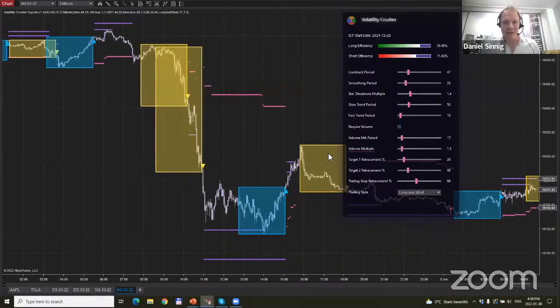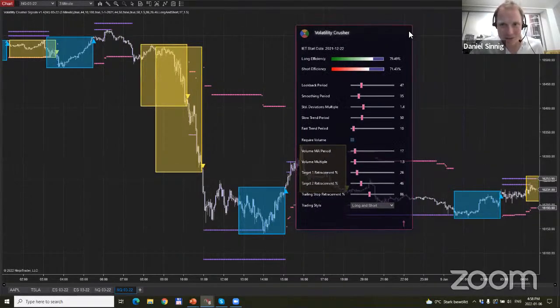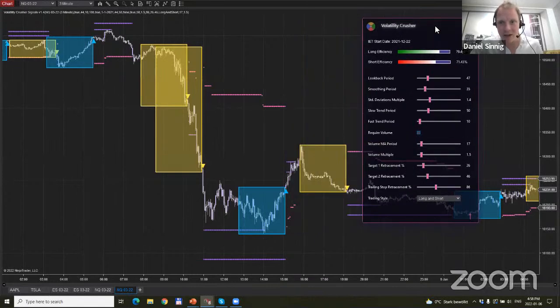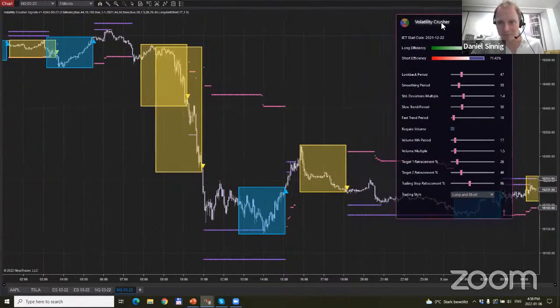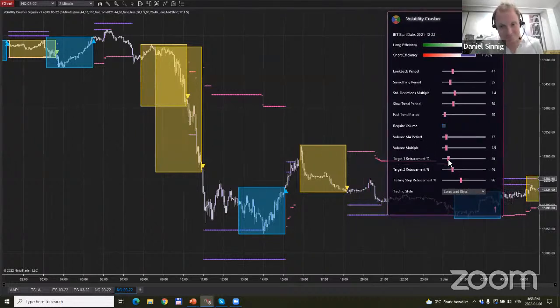And we have just released this. This doesn't exist on NinjaTrader anywhere in the world. It's based on our own invention, and we've created this widget for the Volatility Crusher indicator. But we're currently working on implementing the same widget for Divergence Cloud and 1-2-3 Strike as well. And I hope you like it because I think this is so exciting.